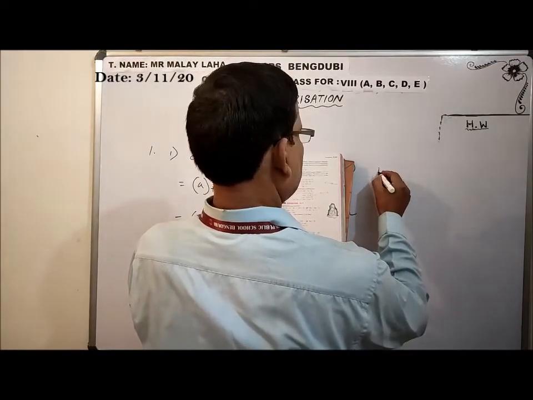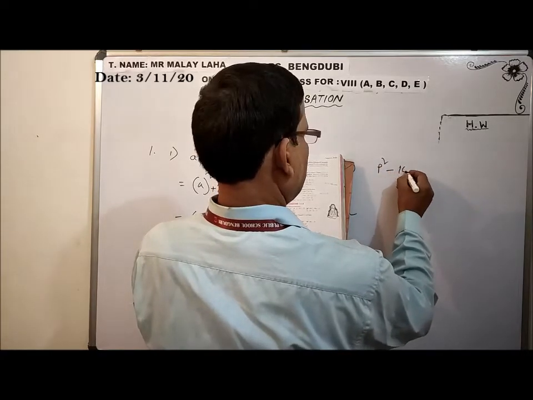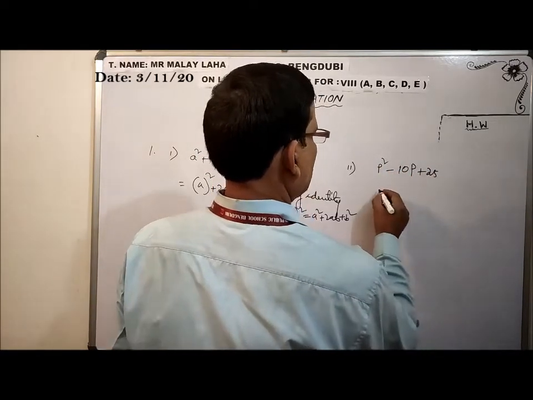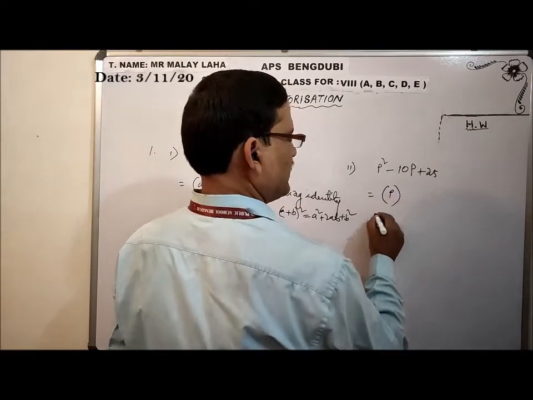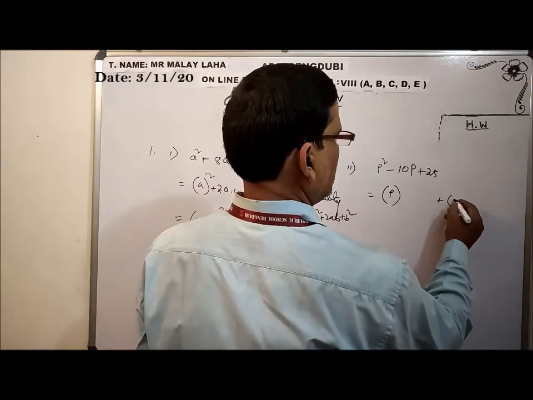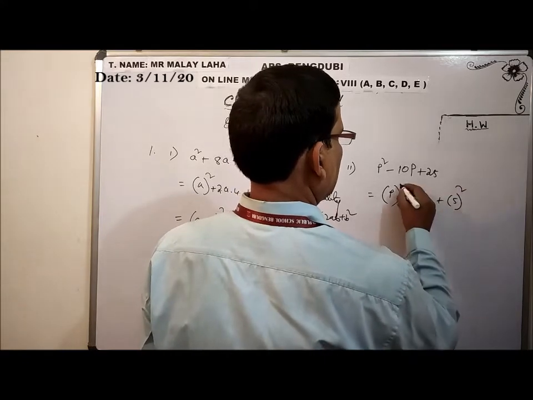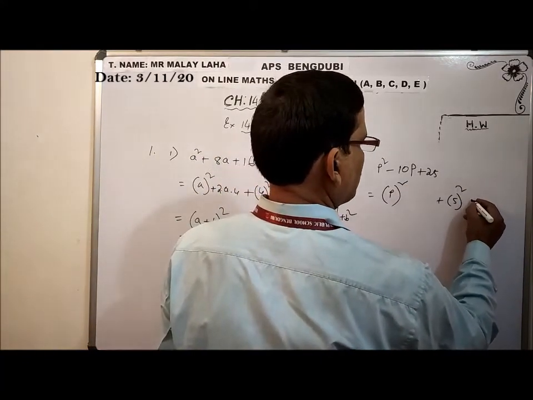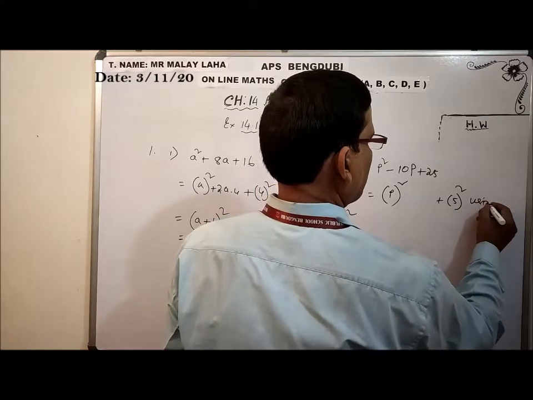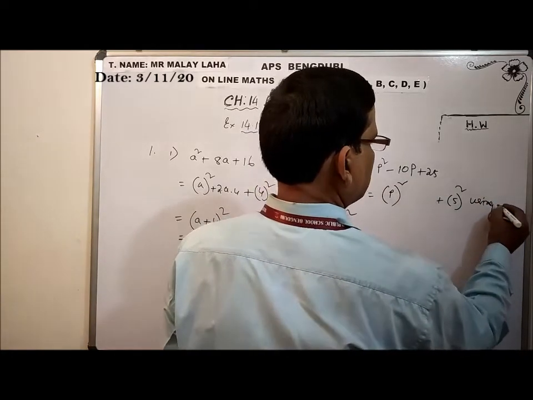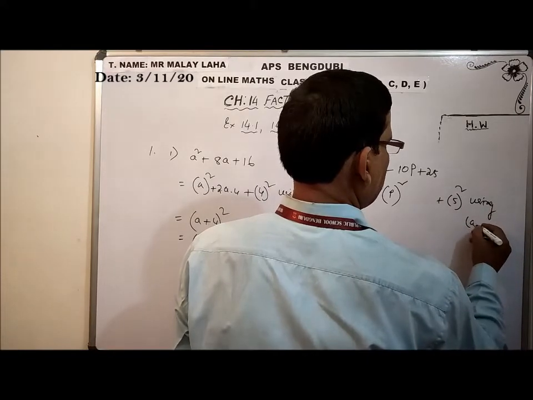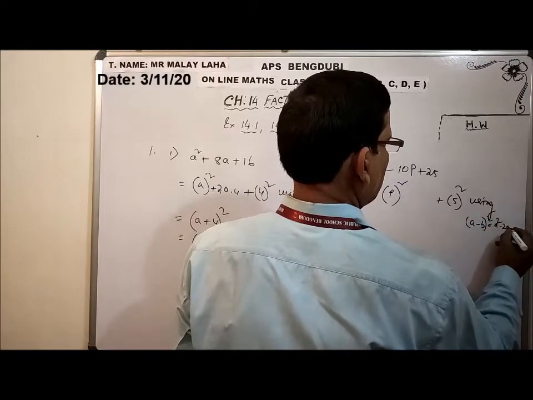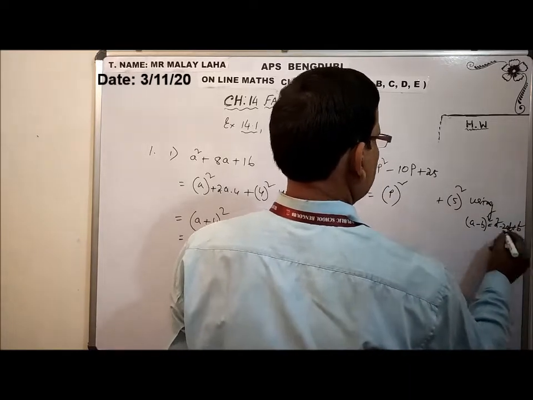Number 2: 25p square minus 10p plus 25. So p square can be written as a square, and this one as b square. The minus sign is there, so using a minus b whole square equals a square minus 2ab plus b square.